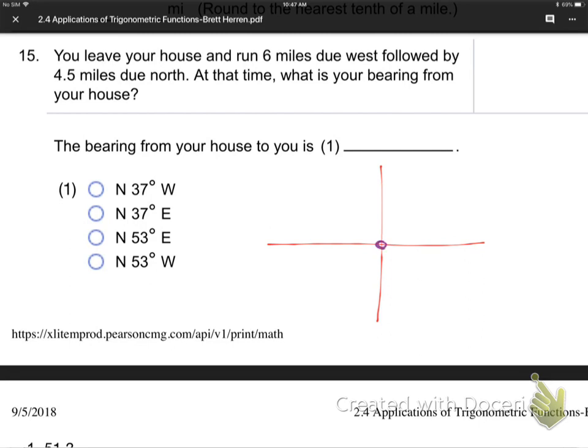So this is your house. You just want to put the house, or the starting point, in the center. 6 miles due west. So this is west, east, north, south. So 6 miles this way, and 4.5 that way, huh? So here's where we end up.